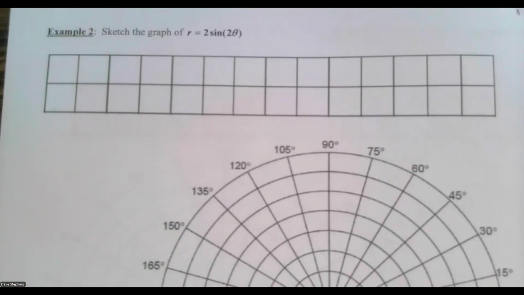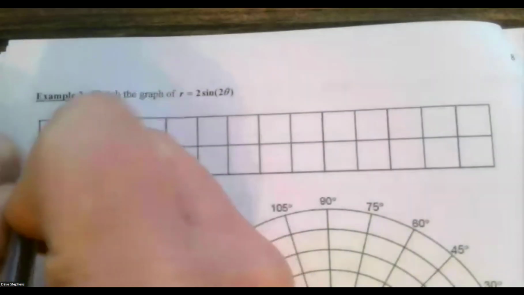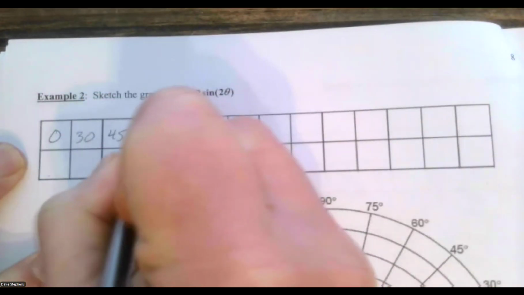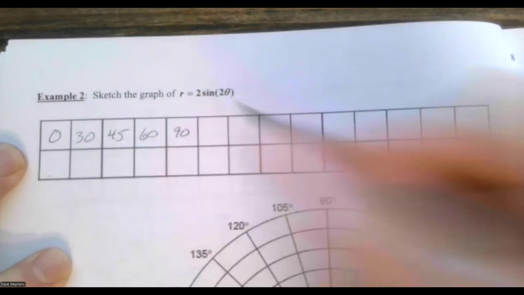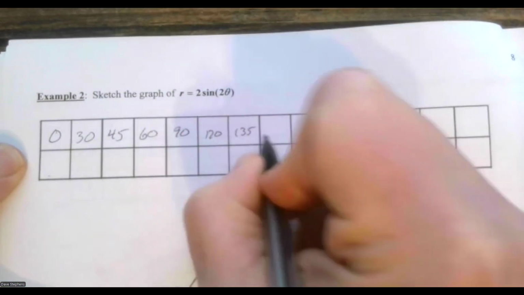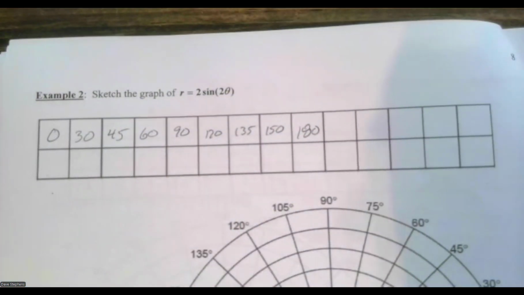All right, so sketch the graph of r equals 2 sine of 2 theta. Oh, no. All right, 2 sine of 2 theta. Okay. Let's get all the ones that we can in there. We have 0, 30, 45, 60, 90, 120, 135, 150, 180, 210.